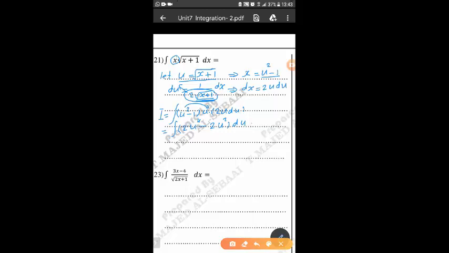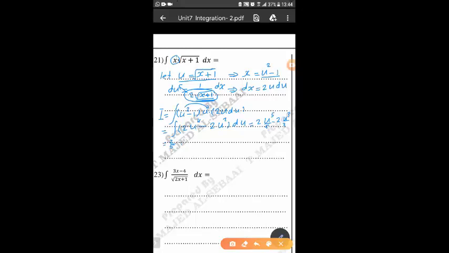Yeah. This will be 2u to the 5 over 5, normal integration, right? Minus 2u to the 3 over 3. Okay? Equals 2/5, I mean 2/5 u to the 5.